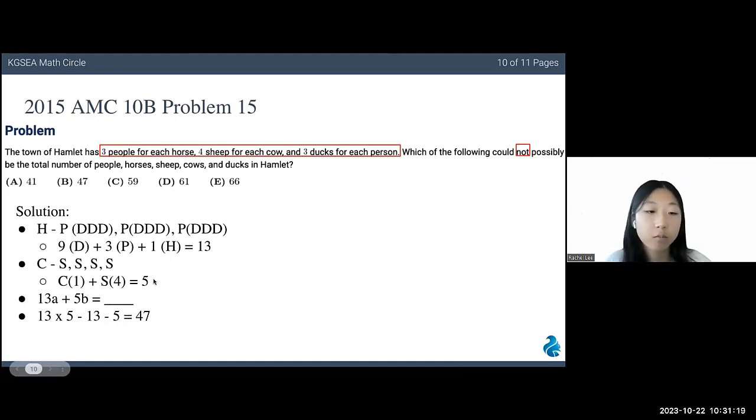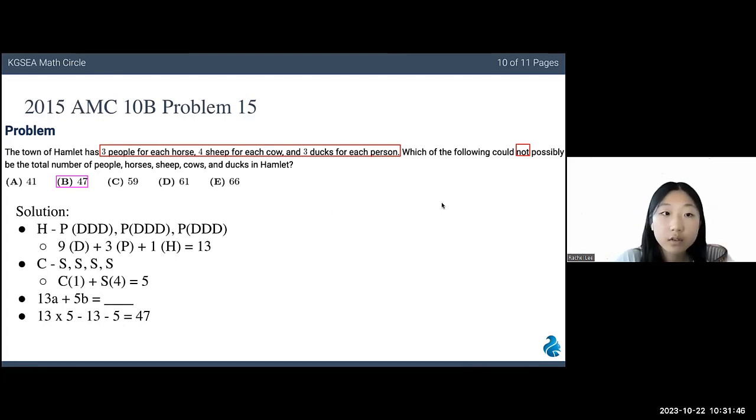Then we can write the equation 13a plus 5b, and use the chicken nugget formula to find that 13 multiplied by 5 minus 13 minus 5 equals 47, which will be the biggest number of people, horses, sheep, cows, and ducks that cannot arise. So that gives the answer of B, which is 47.